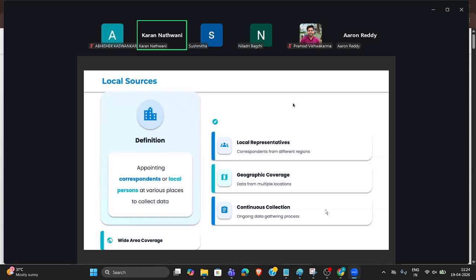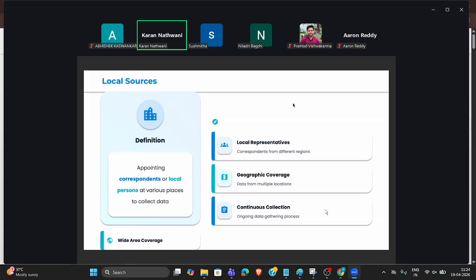Via this continuous collection from local sources. In every particular region, they have a local person who will cover that area and put the information online or somewhere so that everyone can see it. Then the helicopter will come and army people will start dropping the food packets to those people.